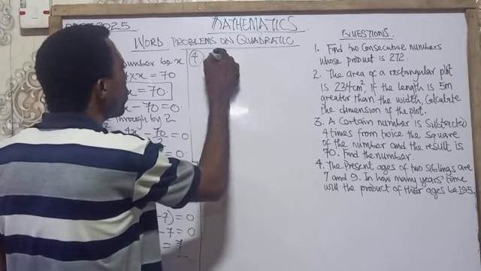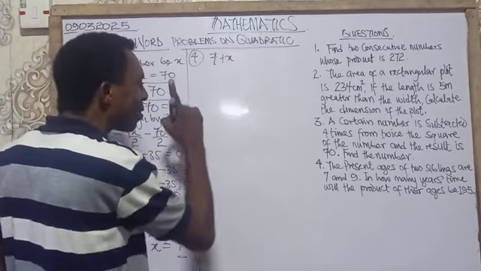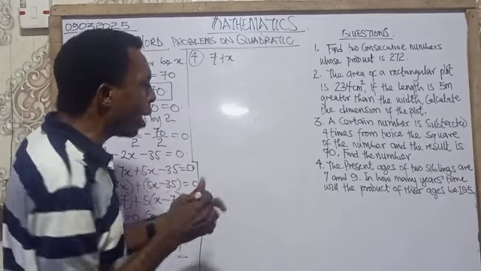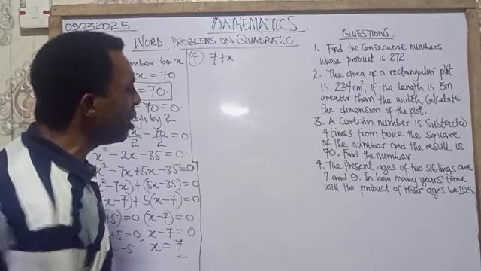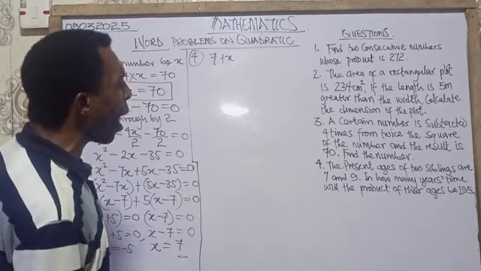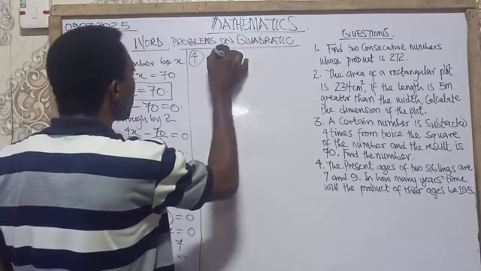7 plus x, that's the age of the first one, and we're told that in how many years' time the product of their ages will be 195. So we have 7 plus x.